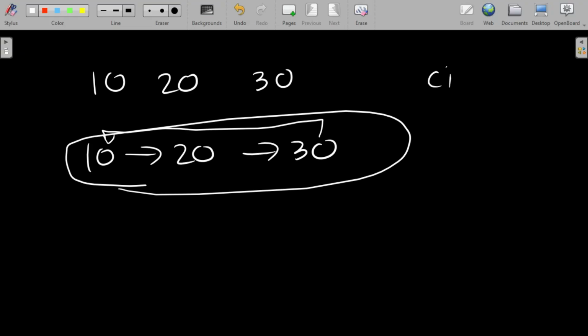Circular means something that goes around in a circle. Imagine a group of children standing in a circle.